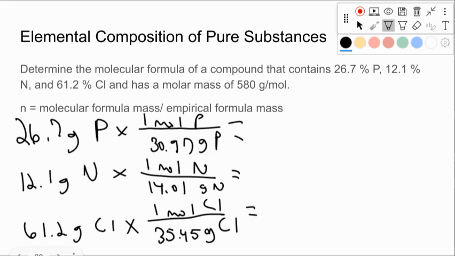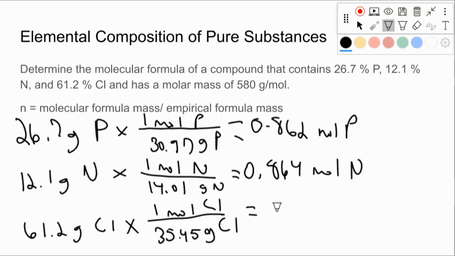So I'm going to do 26.7 divided by 30.97. I need 3 sig figs, so it comes out to 0.862. Now I'm going to do 12.1 divided by 14.01. That gives me 0.864. And then I'm going to do 61.2 divided by 35.45.